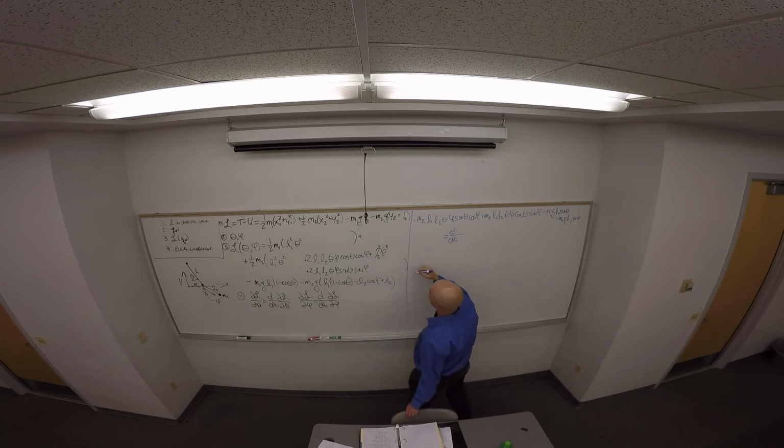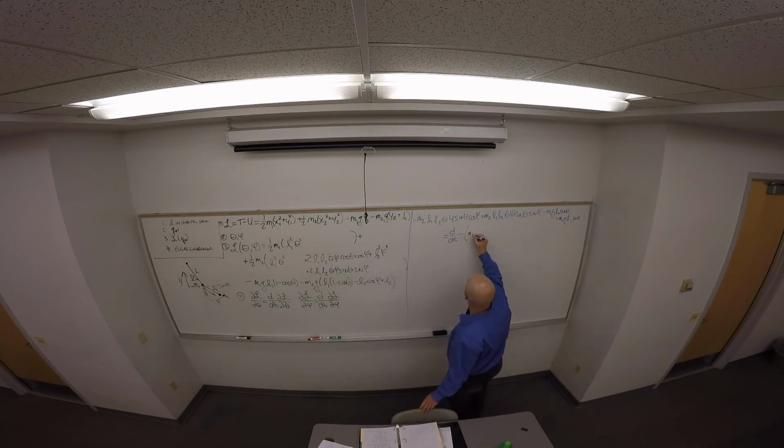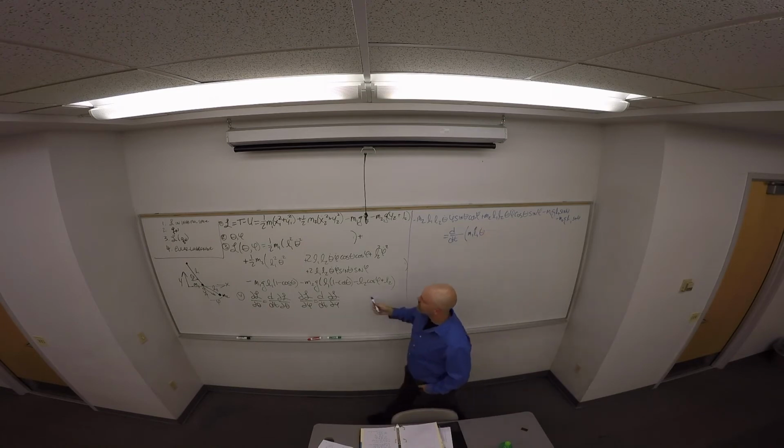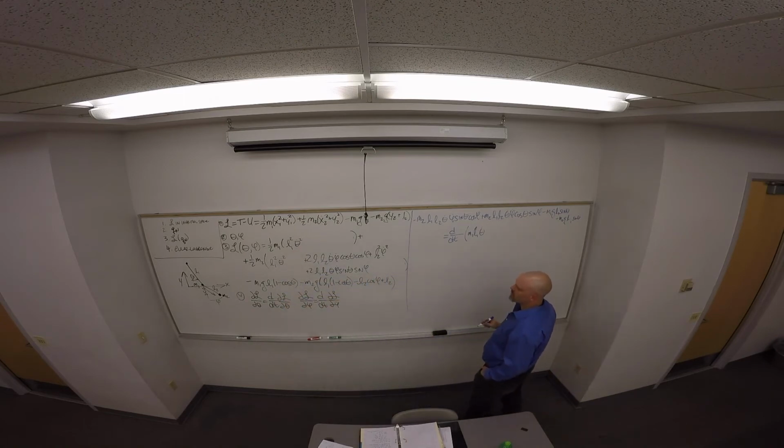So this one's just going to be M1 L1 squared theta dot, right? Take the derivative of this with respect to theta dot. The 2 comes out and matches the 1/2. Plus, same thing here, 1/2 M2 L1 squared theta dot.